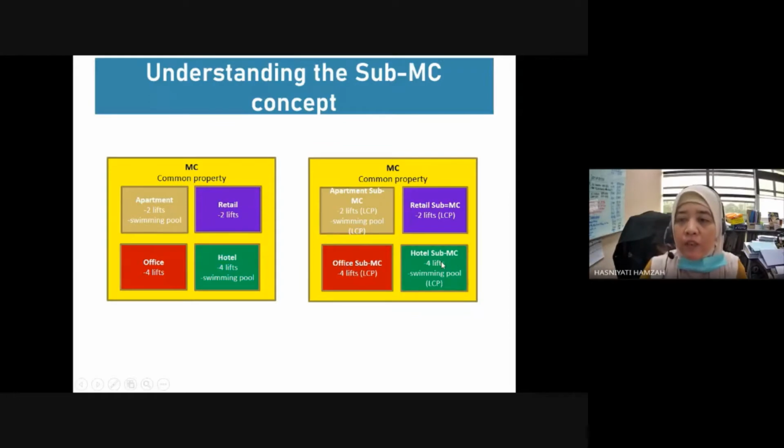The 4 lifts in the hotel plus the swimming pool belong to the hotel. Once we have filed the limited common property designation, and we have gone through all the procedures that we will learn today, then we will have 4 sub-MCs.